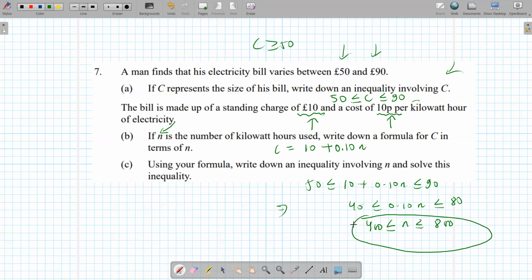Okay. So this person uses 400 to 800 kilowatt hours of electricity, denoted by kWh. That is how we also pay the electricity bill. It is measured in kWh.